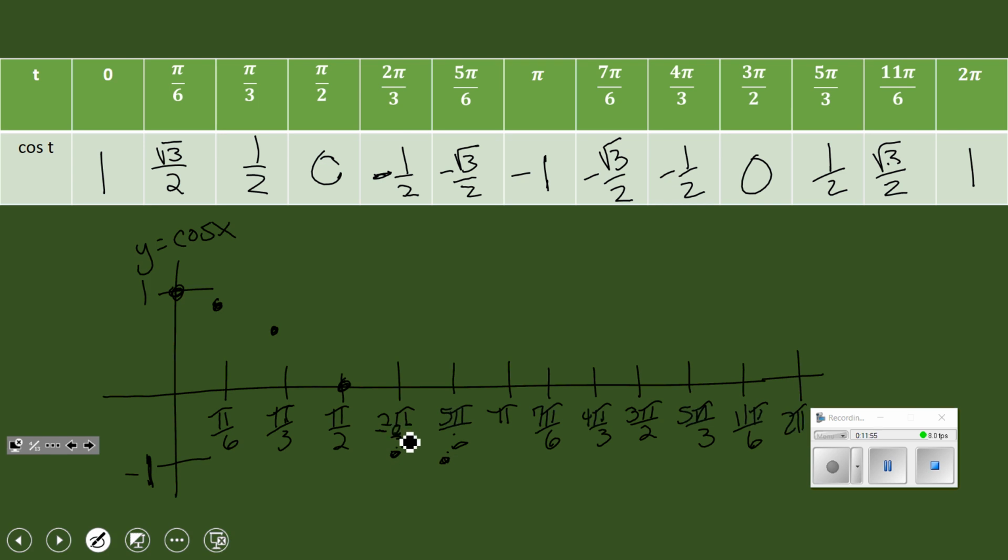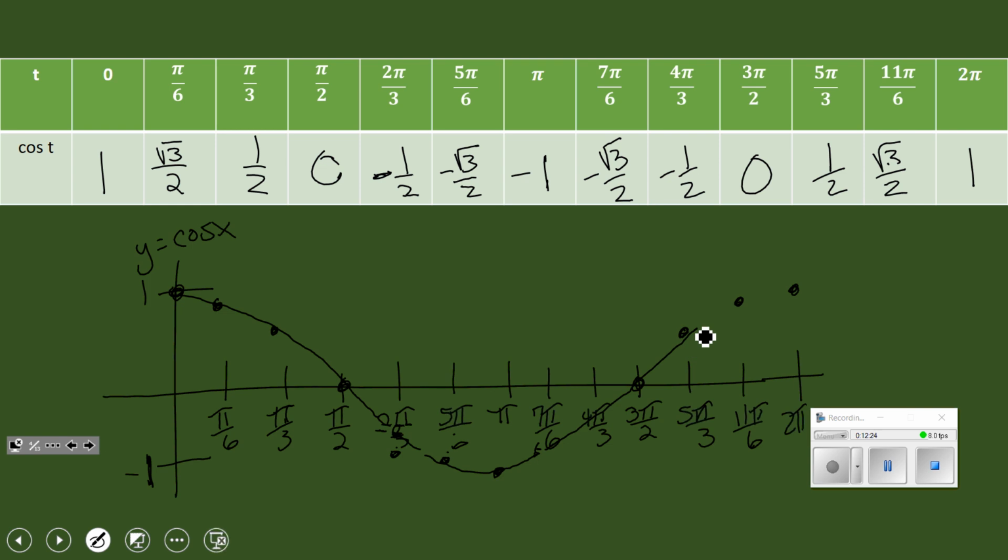Maybe I should put my 1/2 right here. And then down to -1. And then -0.9, -1/2, back to 0. And then 1/2, 0.9, and then 1.